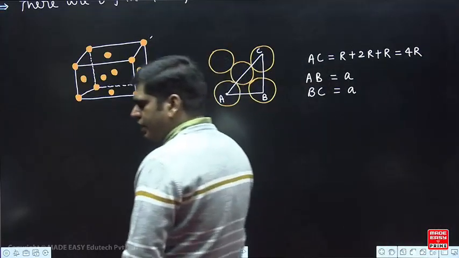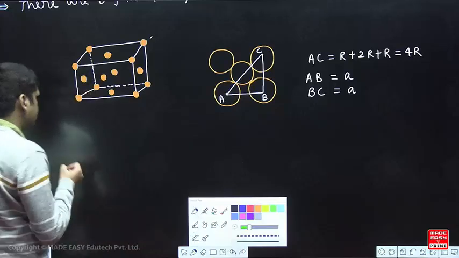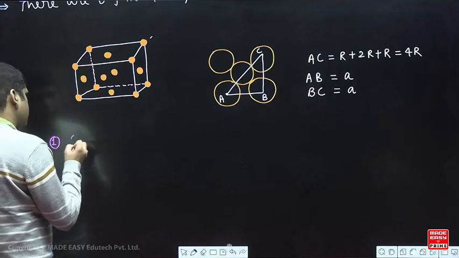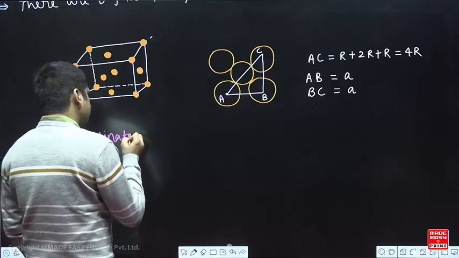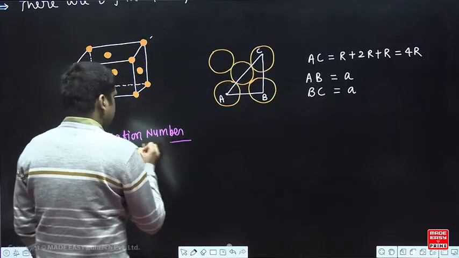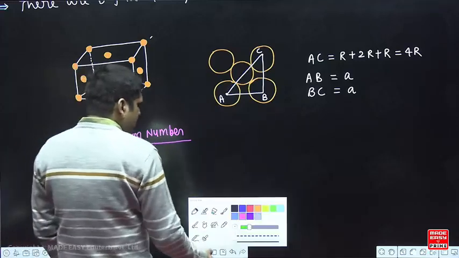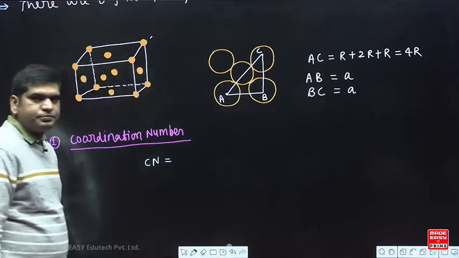The most difficult is calculating the coordination number. Have a look. Coordination number for FCC. Let us consider the face atom as the reference atom.